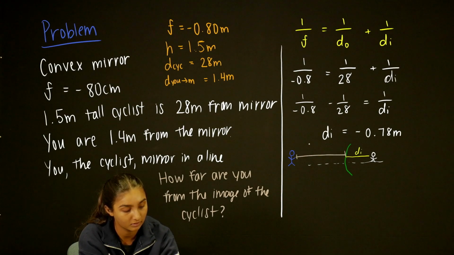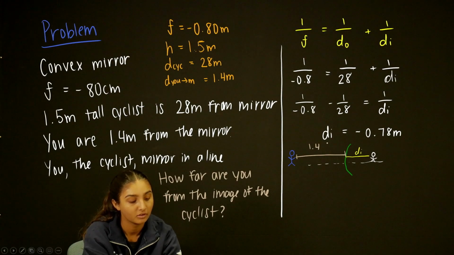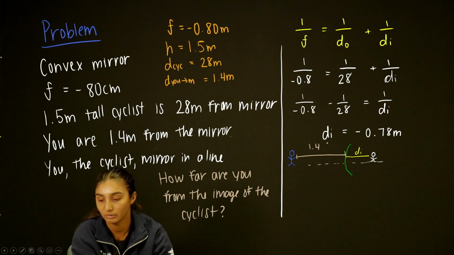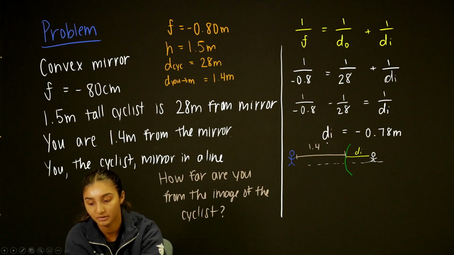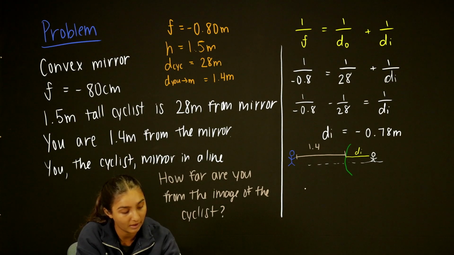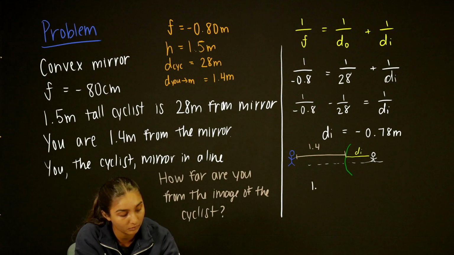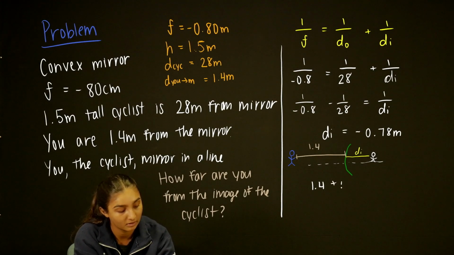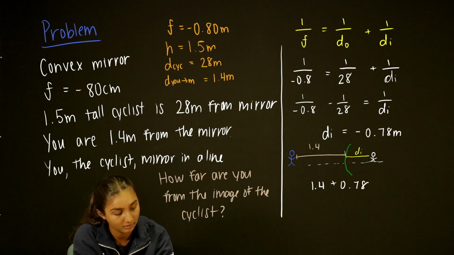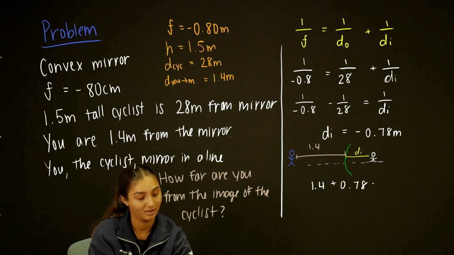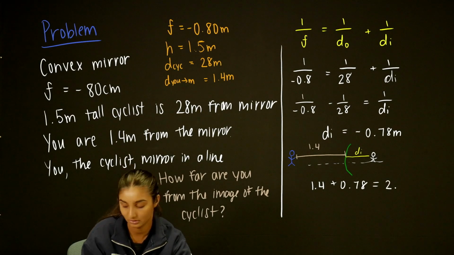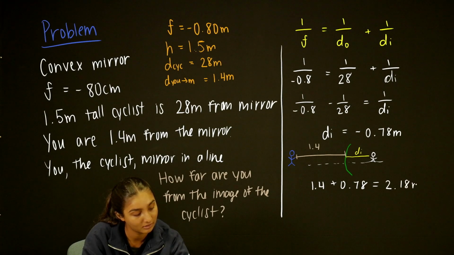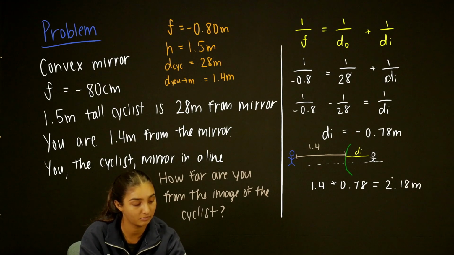So to see how far we are from the image of the cyclist, we would look at the absolute value. We would add our distance, 1.4, and the distance of the image, which is 0.78. And we get a distance of 2.18 meters. And that would be our final answer.